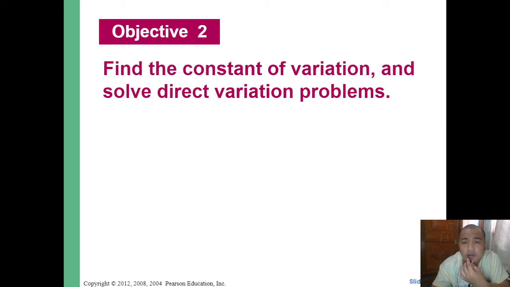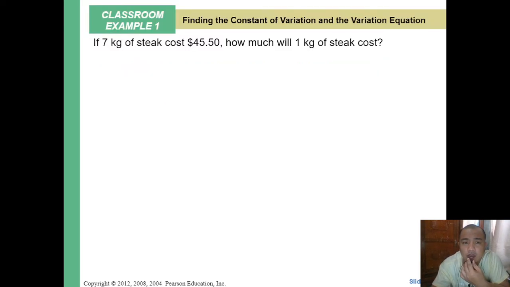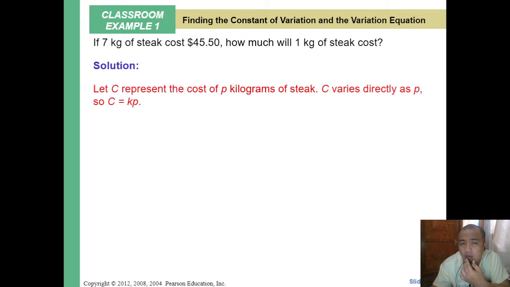Now, find the constant of variation and solve direct variation problems. If 7 kg of steak costs $45.50, how much will 1 kg of steak cost? Let's see. Represent the cost of p kilograms of steak.